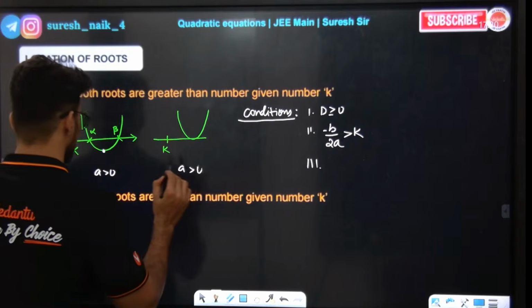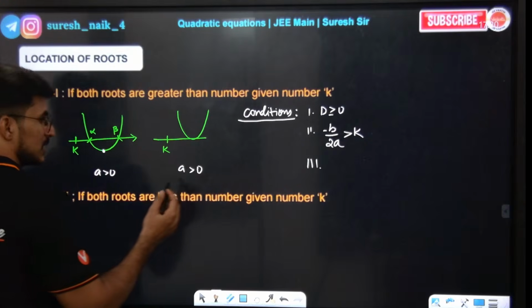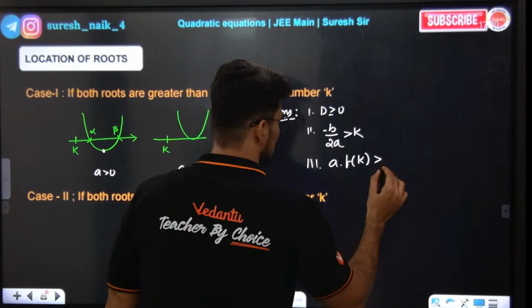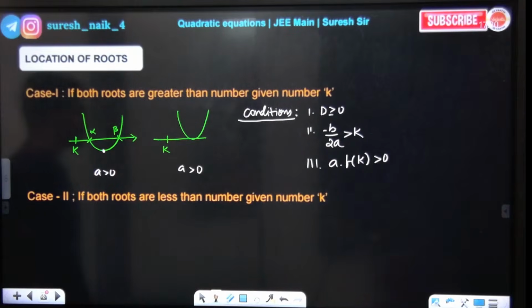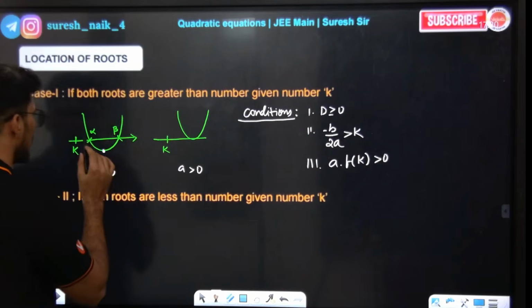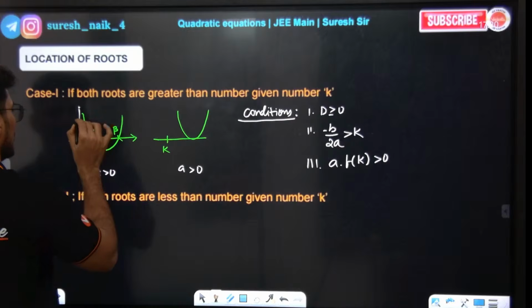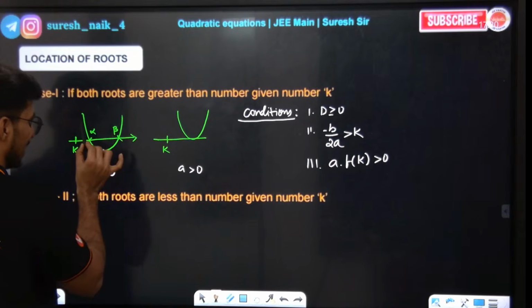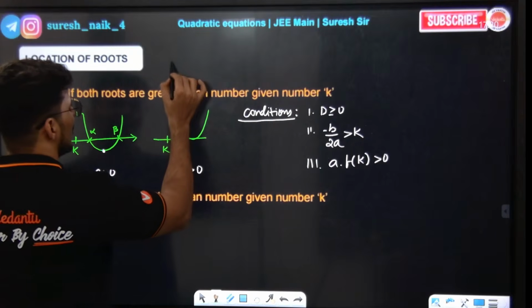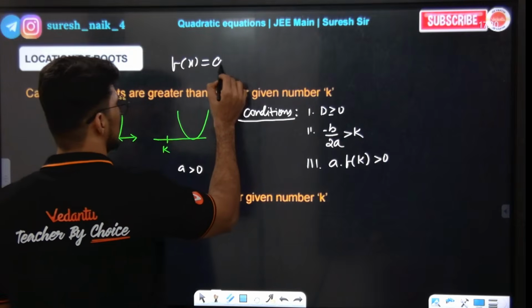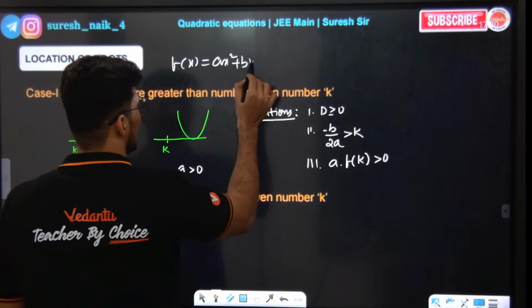Here also a is positive. Now what is the value of f of k? See, a into f of k is obviously positive. Basically the f of k value will be somewhere here. f of x will be given to us as ax square plus bx plus c.